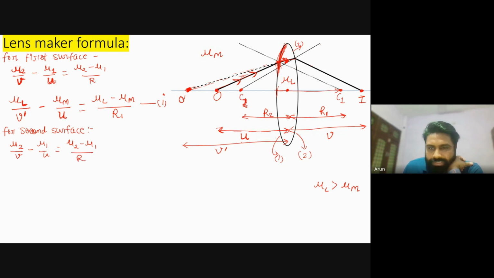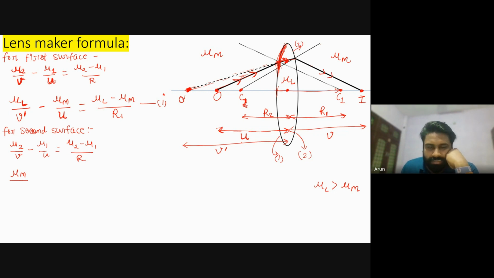Okay, mu2 is the medium in which the ray is going. So for the second surface, in which medium is the ray going? The ray is going in mu m. In this medium mu m, this ray is going.